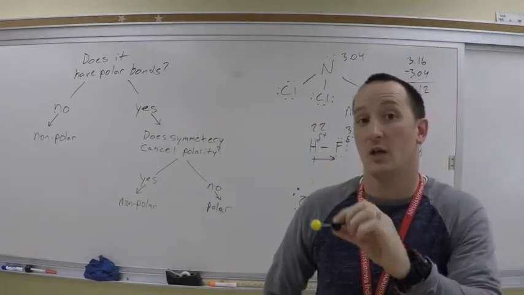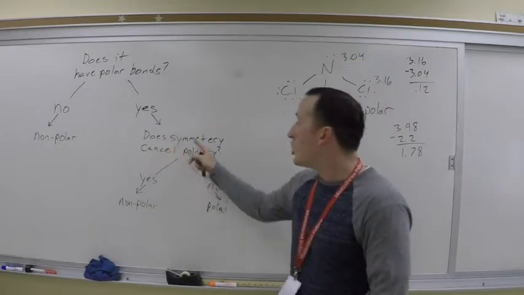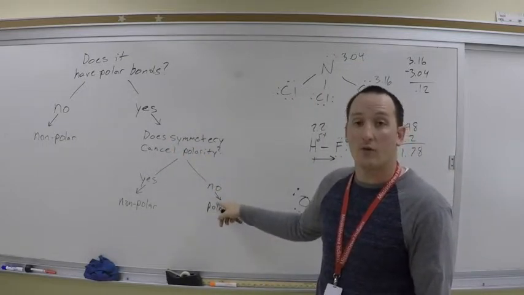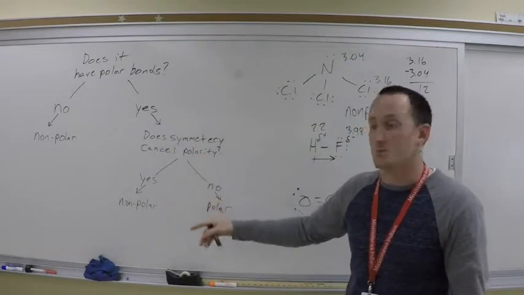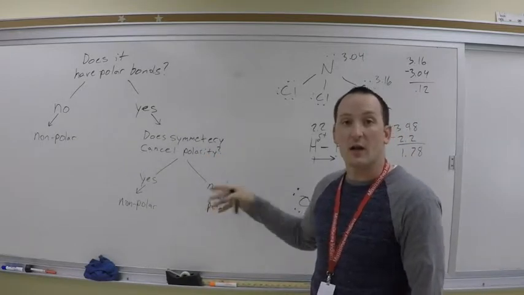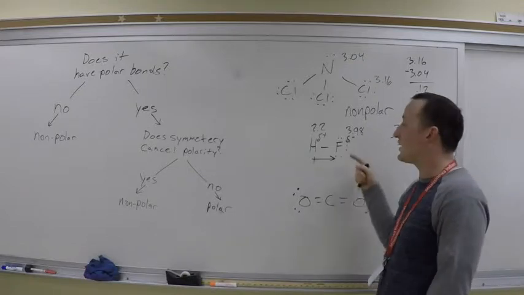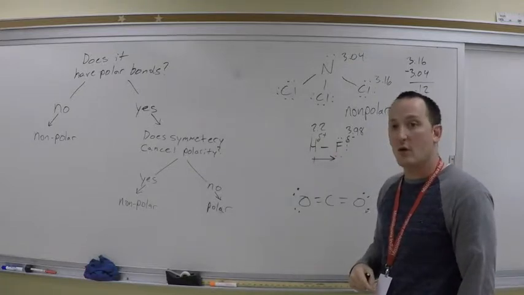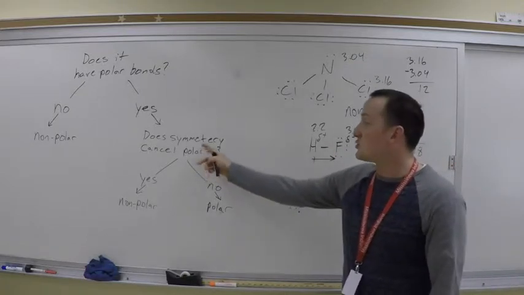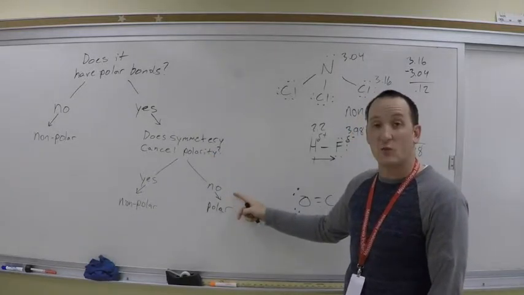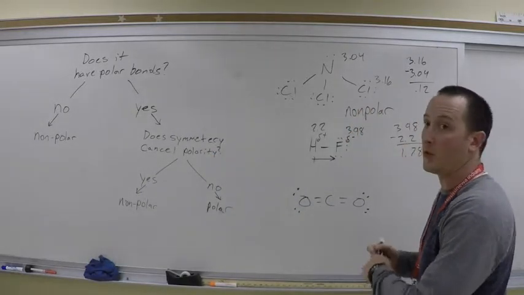And the answer would be no. There's no symmetry that's canceling out that polarity. There's nothing pulling electrons back towards the hydrogen, or nothing counteracting that pull of electrons, so the answer would be no, which means this molecule will be polar.